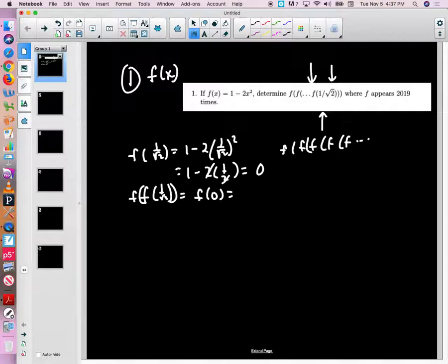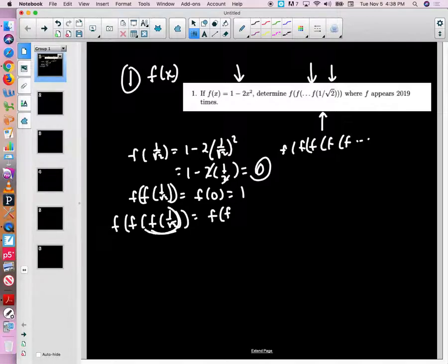And if I find f of 0, I get 1. So now you know f of 1 over root 2 is 0.